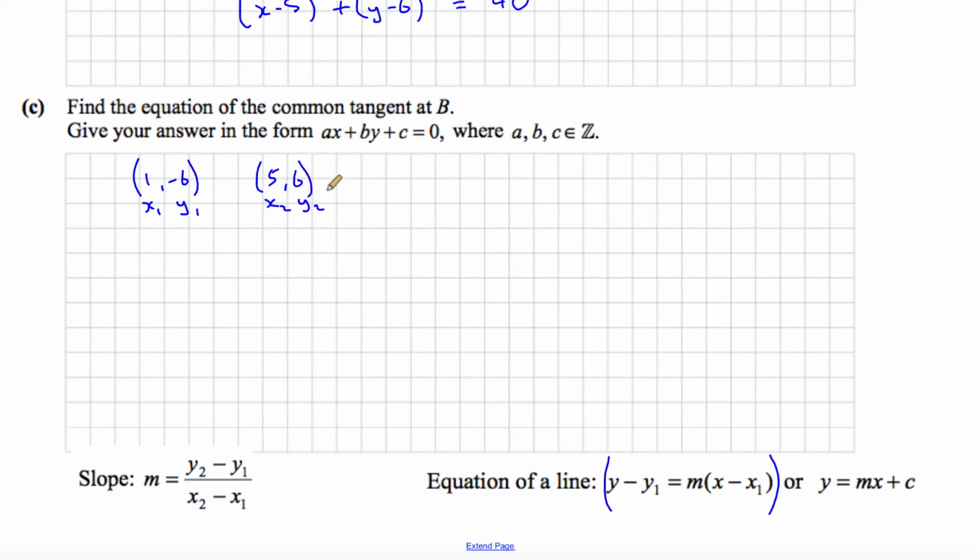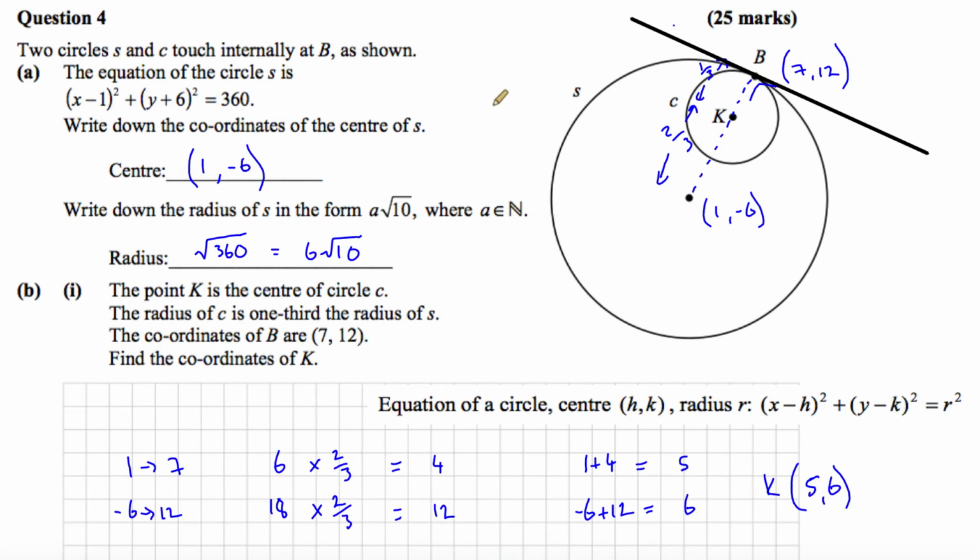Doesn't matter which point you call x1, y1, which one you call x2, y2. Substituting them into this slope formula here, we get the slope is equal to y2 minus y1, so that's 6 minus minus 6, all over x2 minus x1, which is 5 minus 1, and that gives us a value of 12 over 4, which is 3.